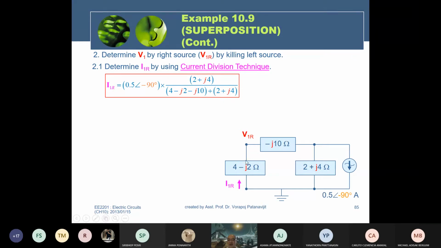The current that flows in this branch equals the total current, 0.5 at minus 90 degrees here, multiplied with the impedance in the other branch. The other branch is here, 2 plus 4j, over the sum of the impedances in all. 4 minus j2 is here, combined with the minus j10, plus 2 plus j4. You can find the current.